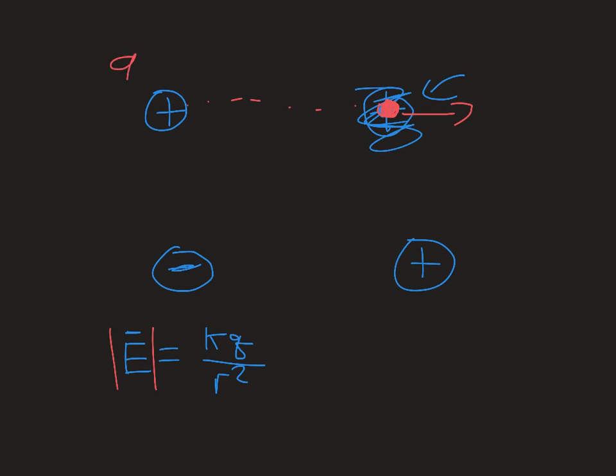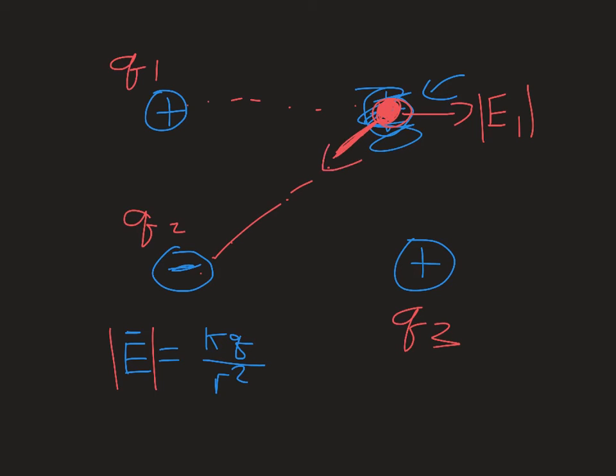And let me call this Q1, Q2, and Q3, and then this would be E1. That's the electric field from charge 1. And then I would have Q2. Again, we're imagining that this is a positive test charge, and so along this direction the force is going to be attractive, because a positive test charge would be attracted to the negative charge Q2.